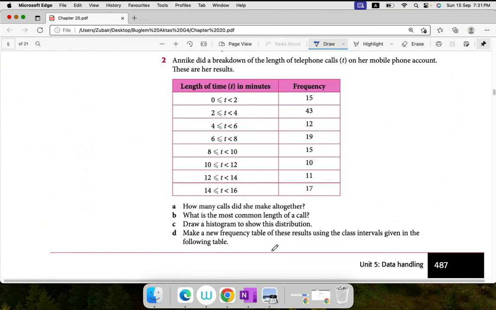NK did a breakdown of the length of telephone calls on her mobile phone account. These are her results. The length of time: 0, 2, 4, 6, 8, 10, 12, 14, 16. With no gaps and all equal, simple histogram. Frequency is given. How many calls did she make altogether?